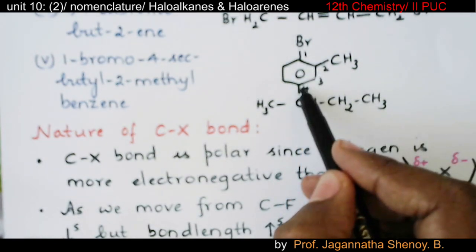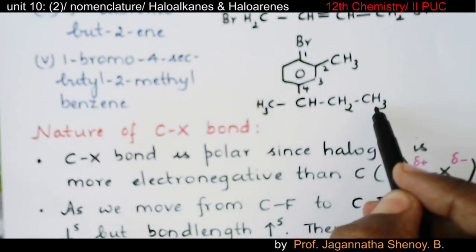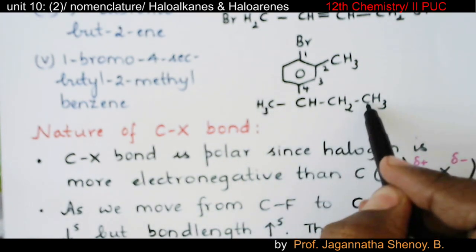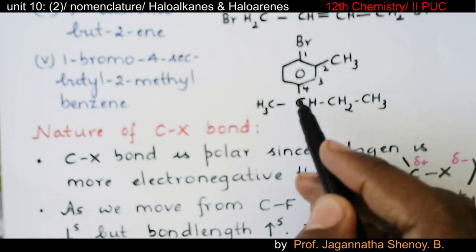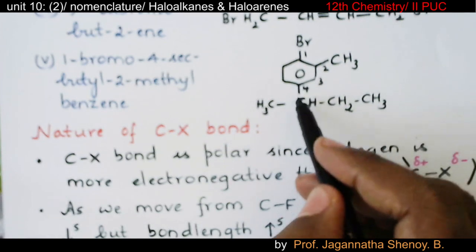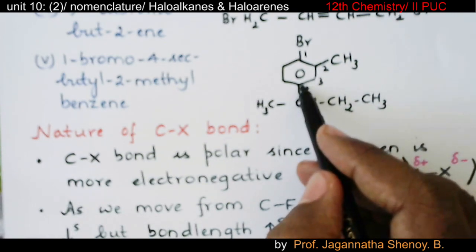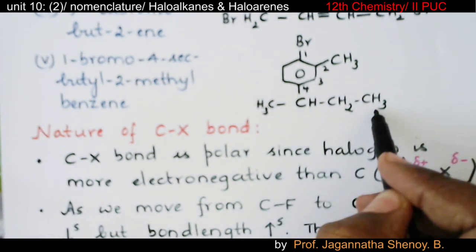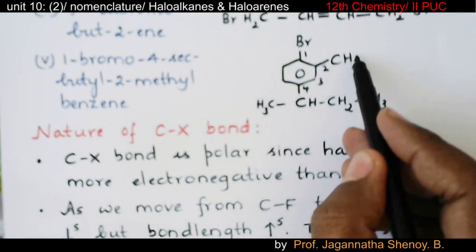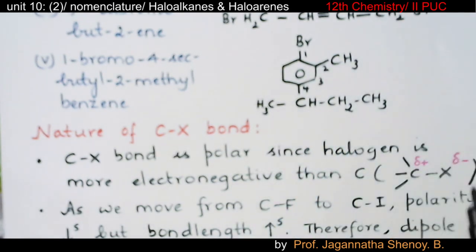On the fourth carbon atom, a secondary butyl group. When I say secondary butyl group, the side chain must have 4 carbon atoms and the connection to the main benzene ring should take place through the second carbon atom. So this is called a secondary butyl group. And of course, on the second carbon atom, we have a methyl group.